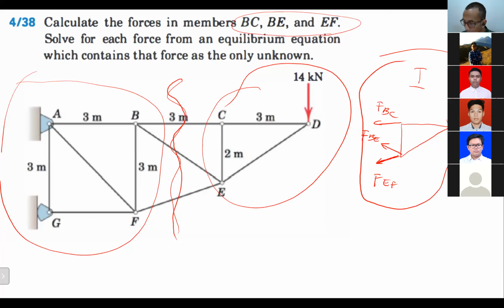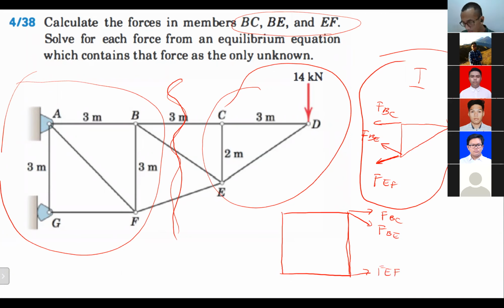The left free body diagram, we can draw as well. Remember that the cut members will become our external forces. So it's like this: FBC, then FBE, and FEF.